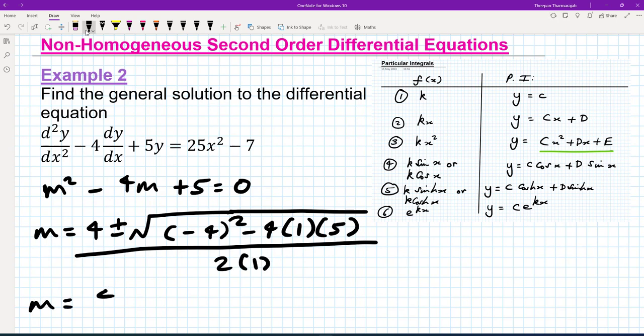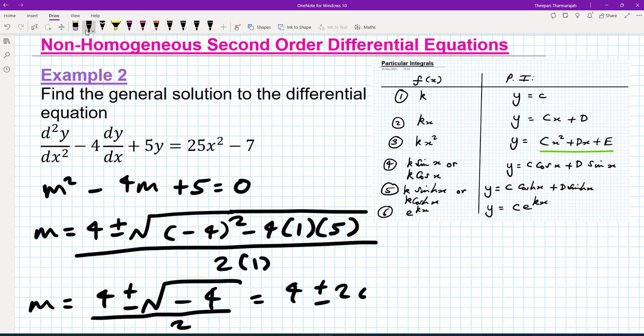That will give me 4 plus or minus square root of 16 minus 20. That's going to be minus 4 here, over 2. So I get 4 plus or minus 2i over 2. Hence I get 2 plus or minus i.